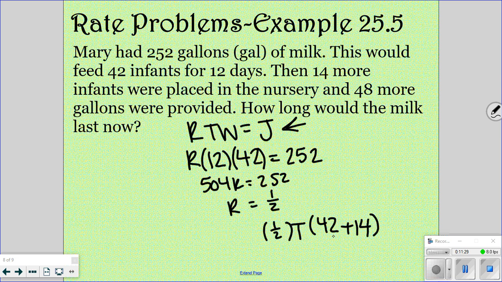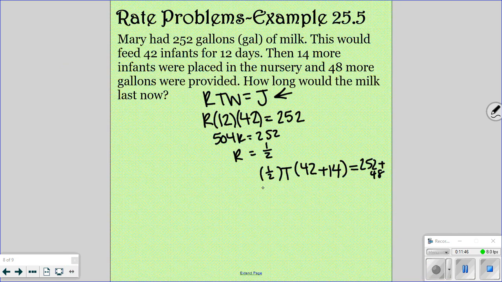So now the number is a total of 56 infants. Okay, and then the job, they had 252 gallons, but then they gave us an extra 48 gallons because we had some extra infants added. So we would have 1/2 T, this is 56, and then 252 plus 48 is going to equal 300.